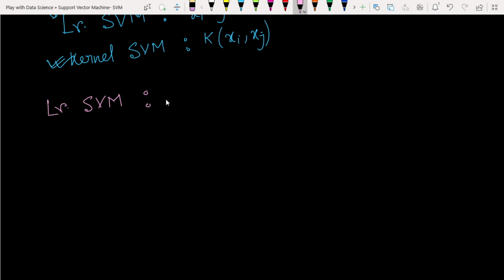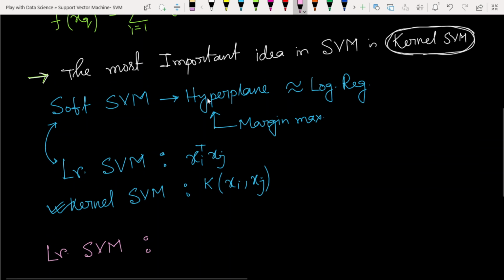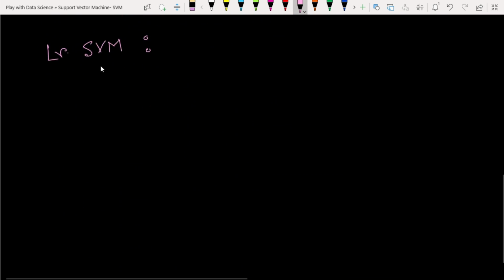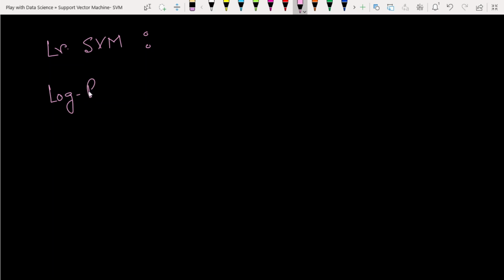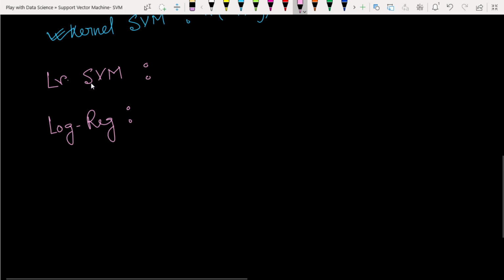In linear SVM we are using the margin maximization concept to build our hyperplane.